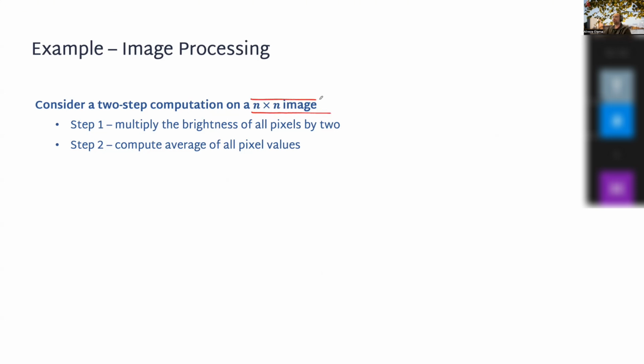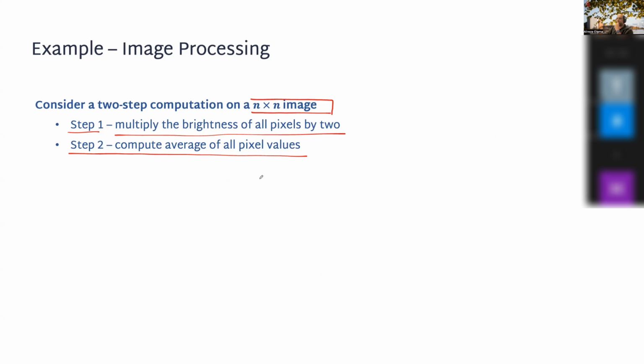So n is the image size, and we want to perform two steps. In the first step, we want to multiply the brightness of all pixels by 2. So we want to multiply each pixel of the image by the number 2. And then in the next step, we want to compute the average for all pixels, right?